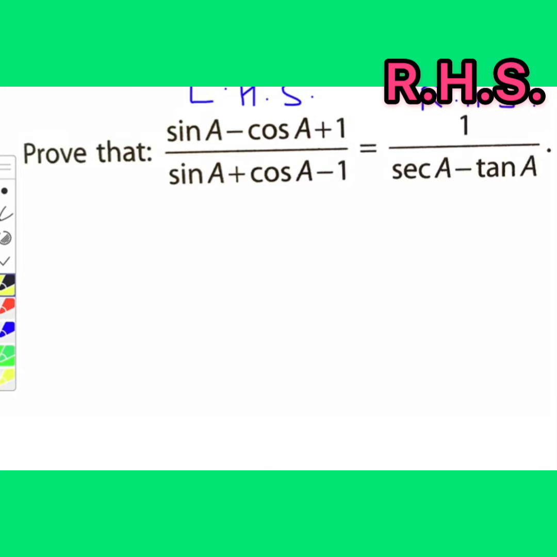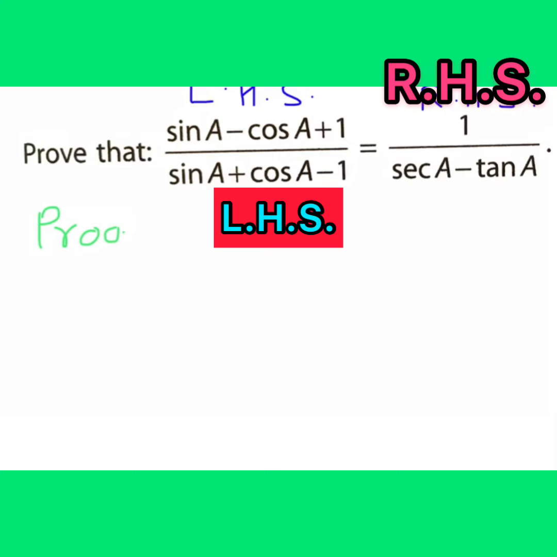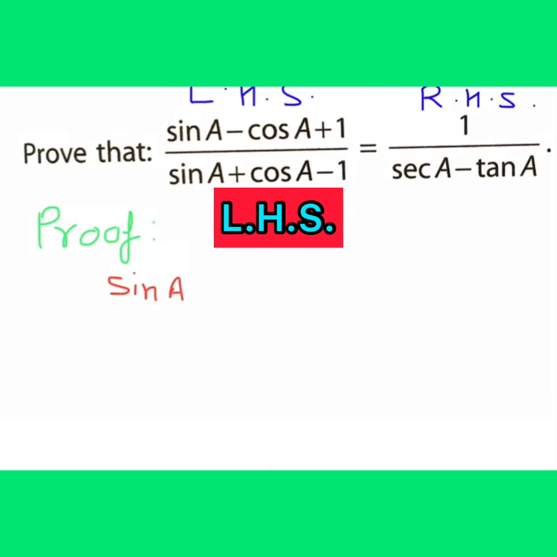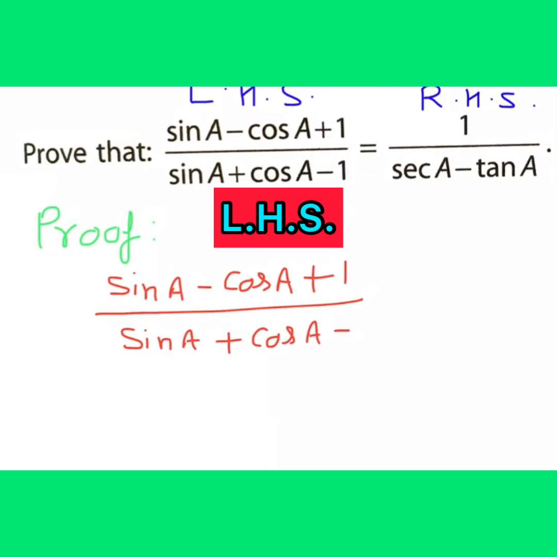After that we will write here just the proof of this question, that is we will take here left hand side, and left hand side is (sin A minus cos A plus 1) upon (sin A plus cos A minus 1).